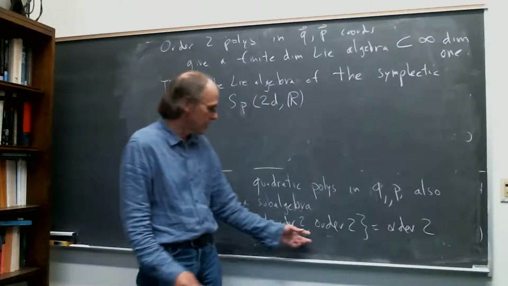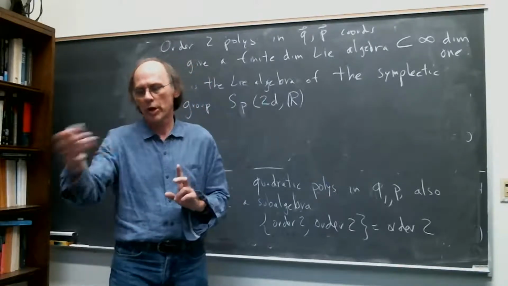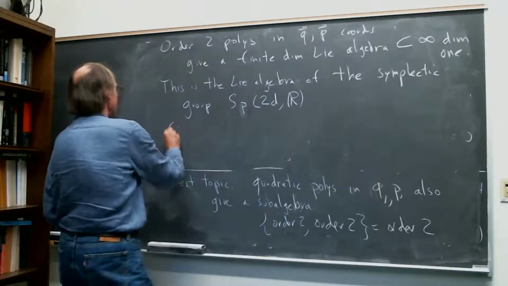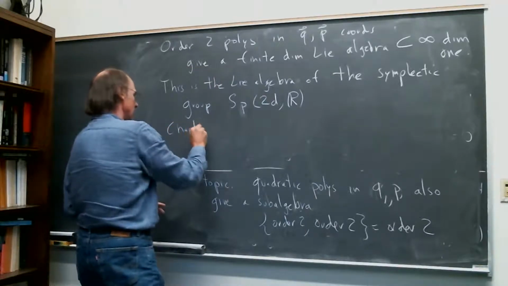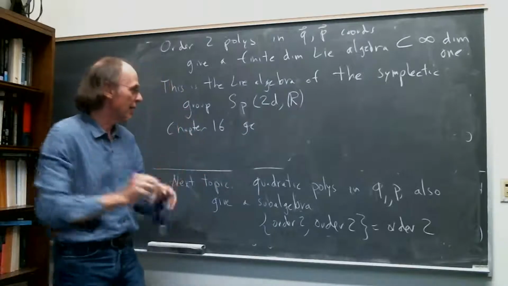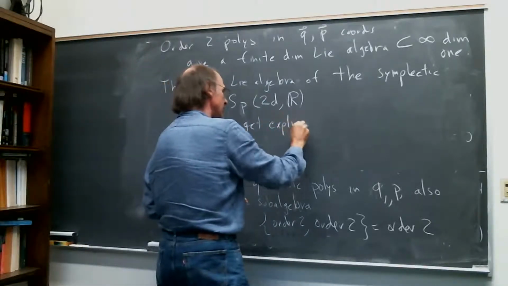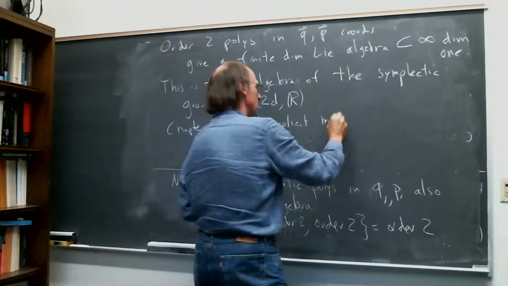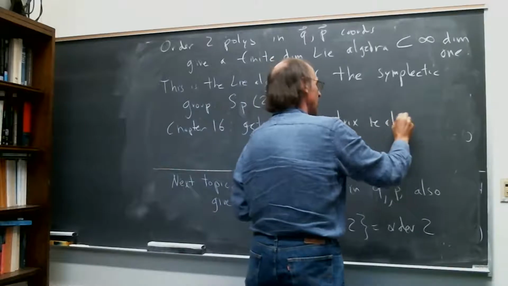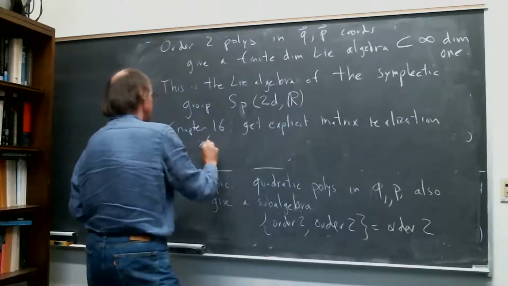What I'm going to do later, and what I do in chapter 16, I spent a lot of time working out, you get an explicit matrix realization of this Lie algebra.